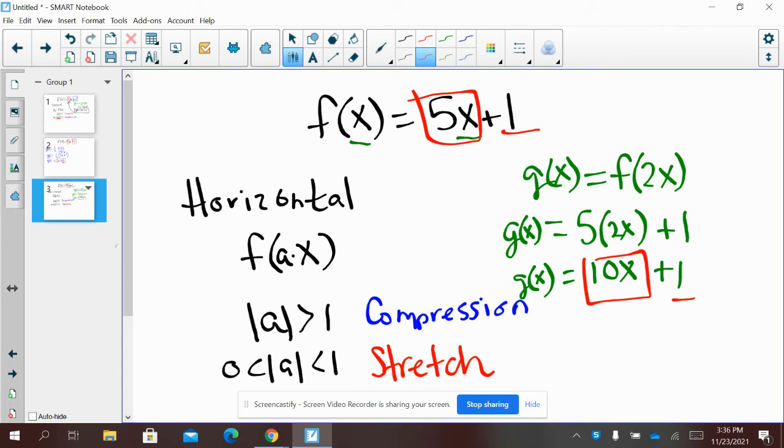And when we see that only the slope changes and the y-intercept does not change, we know that it's either a horizontal compression or a stretch. Well, what was our a value? It was 2. And 2 is greater than 1, which means that this is a horizontal compression with a scale factor of 2. Our slope is scaled by 2, and our y-intercept remains the same.